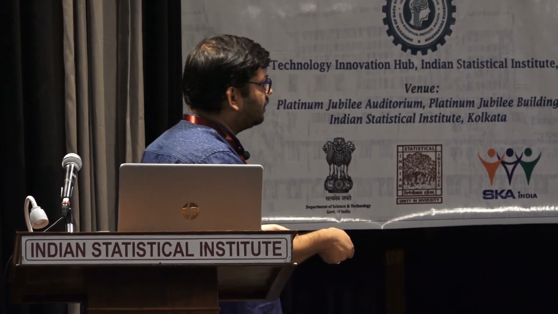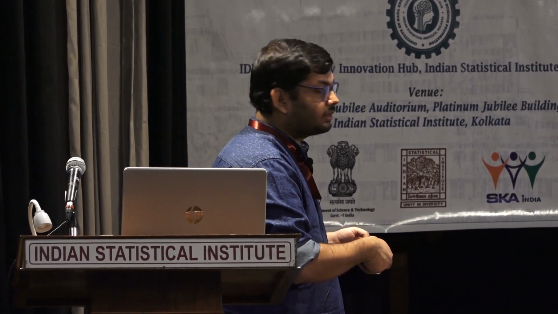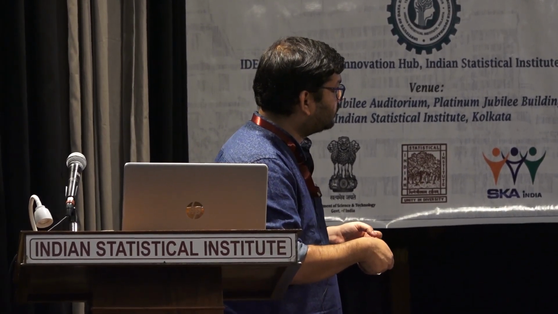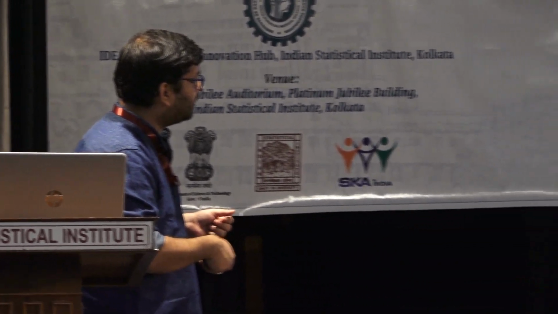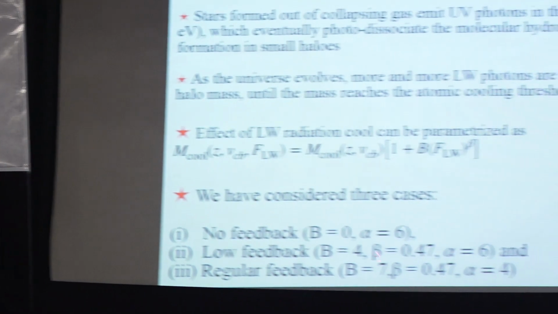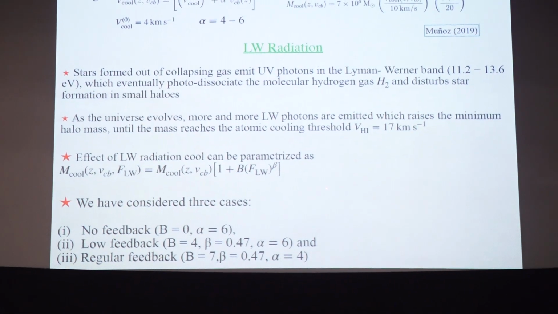These are basically three parameters. If this is the mass of the molecular cooling halo, then due to the Lyman-Werner radiation feedback, these are the three feedback parameters, and with the parameters given, it will increase the mass. Okay.